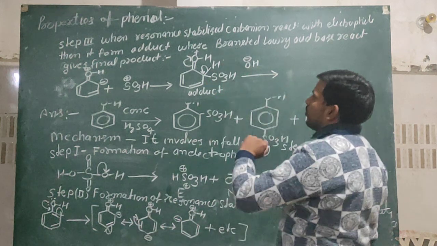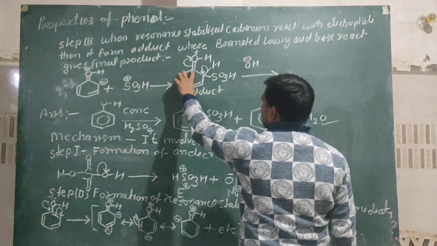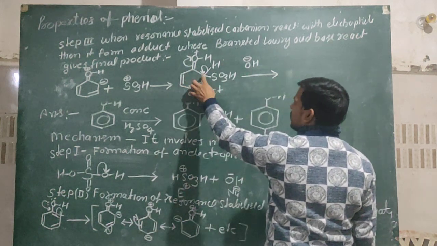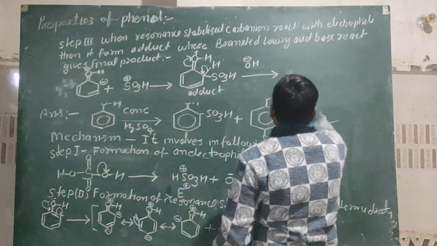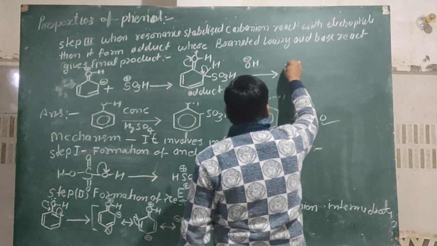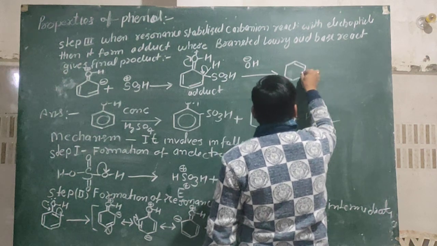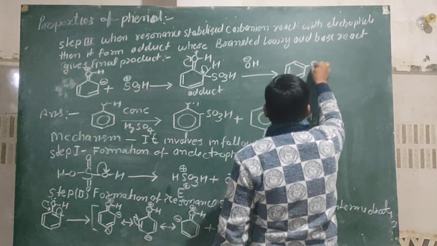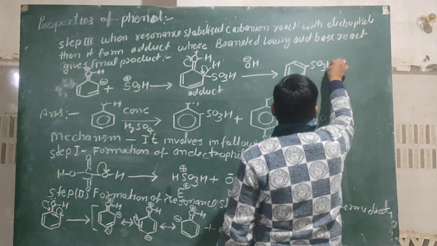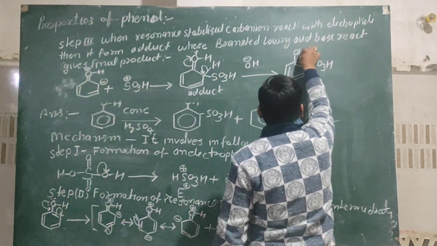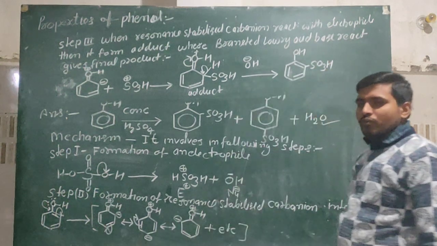Then oxygen becomes neutral and this center becomes positive. This positive center and this negative center combine to form a pi bond where SO3H is present and it becomes phenol.